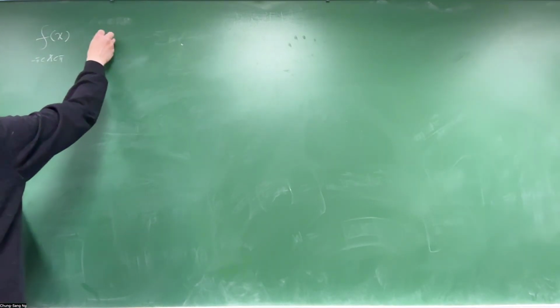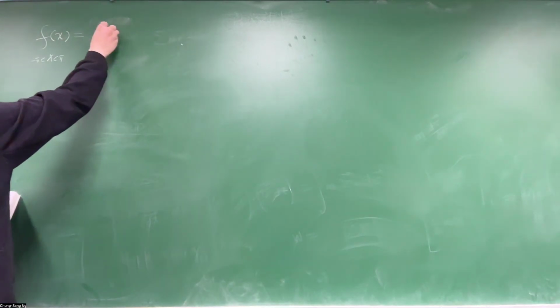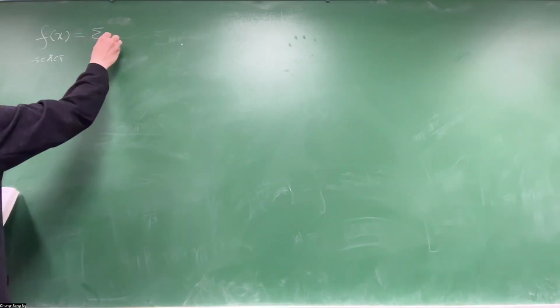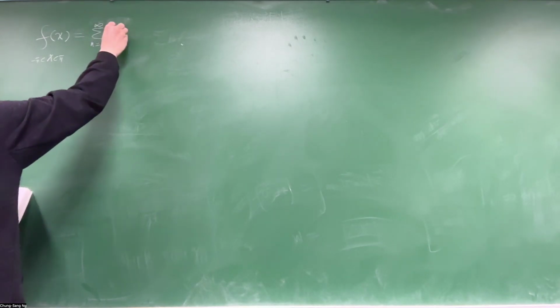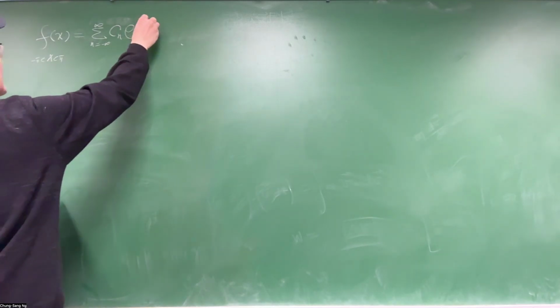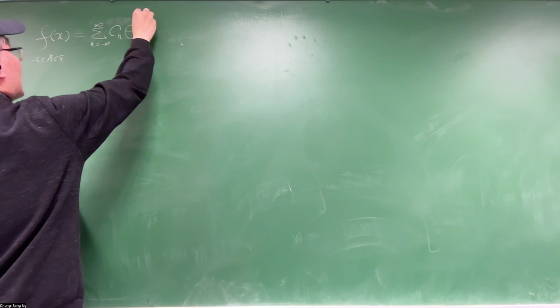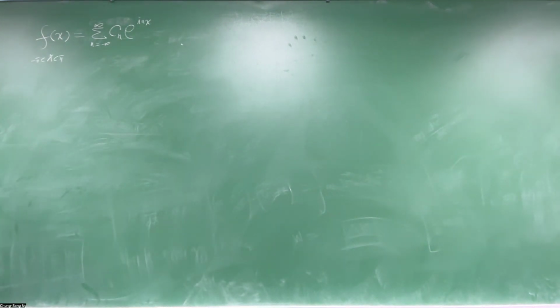But in this formula, last time we defined that, if you use the complex one, it's quite trivial. It's e to the i n x, right? That's trivial.